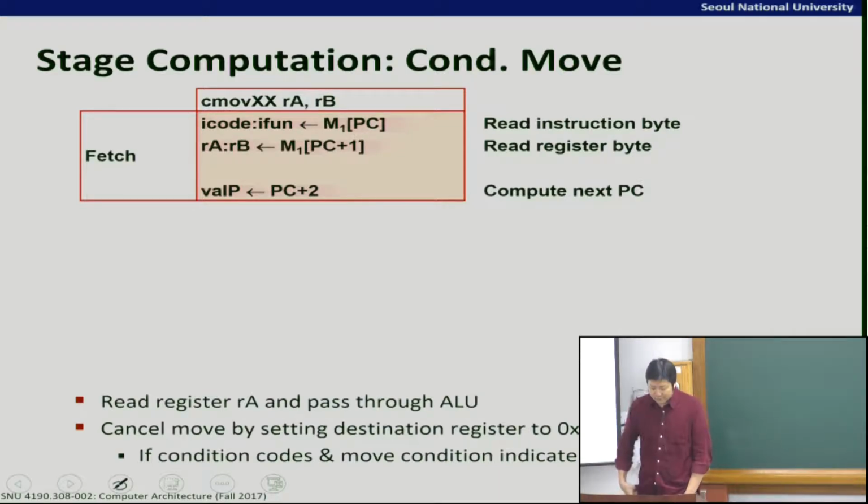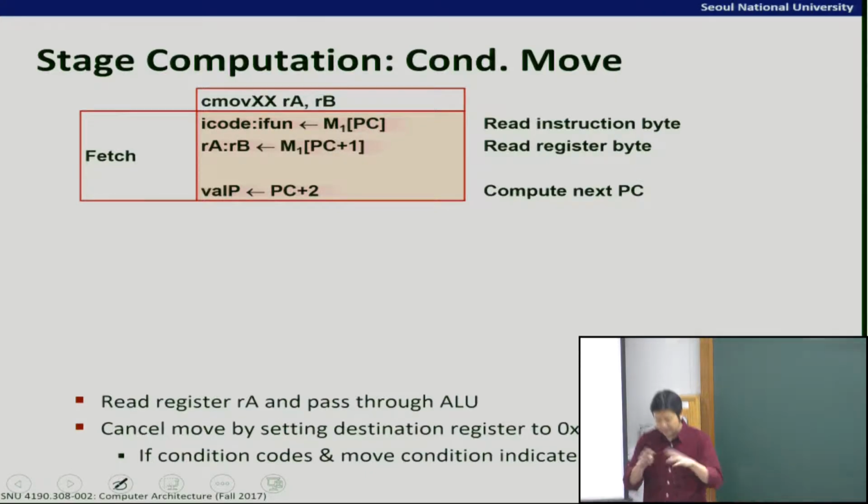And you extract those parts like icode and ifun, which specify the opcode of the instruction, which is what the instruction is. And depending on the instruction type, in this case, we also have to extract the register identifiers, RA and RB, which are in the next byte.